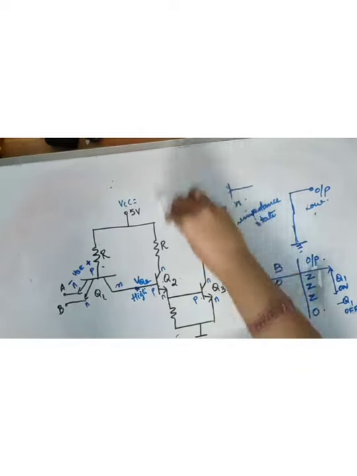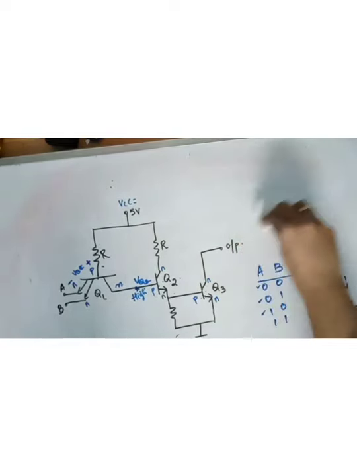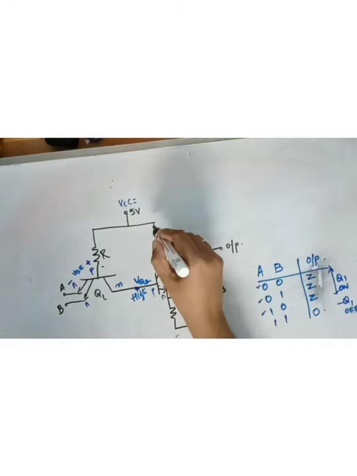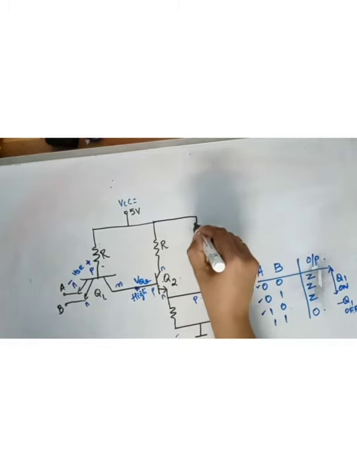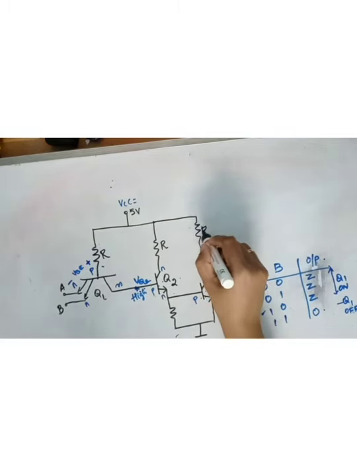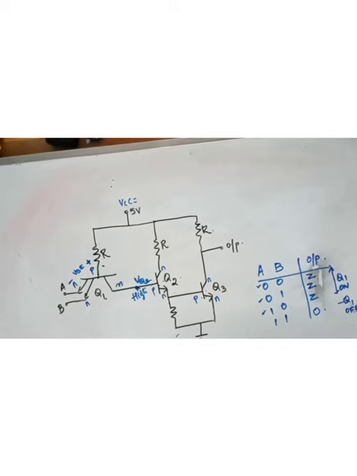Next, we'll modify this particular circuit and we'll just connect a resistor to the collector. You are not keeping the collector of Q3 open as in the first case. We are connecting it to the VCC through a resistor.